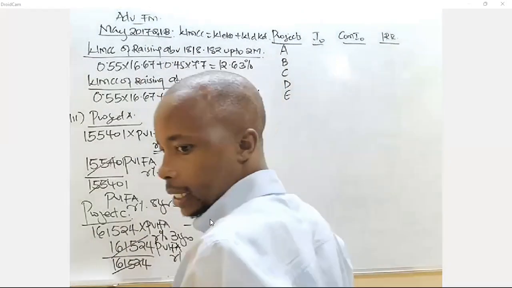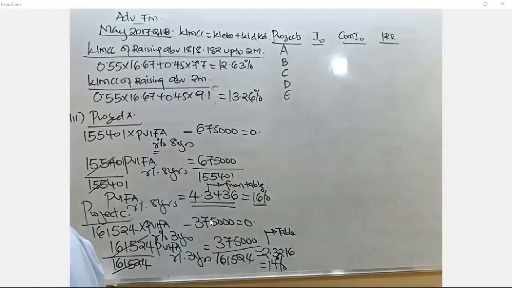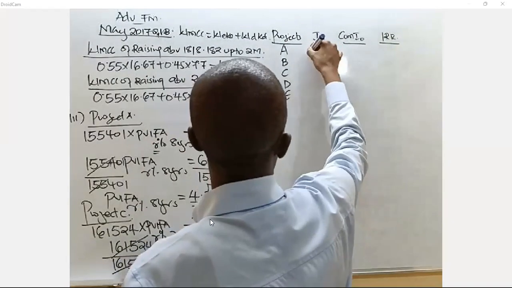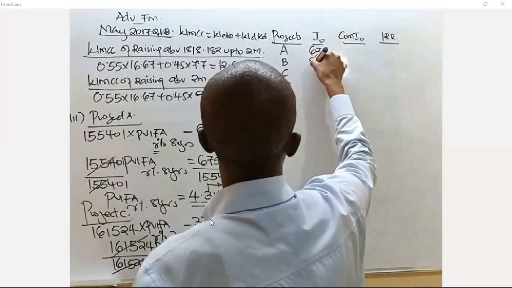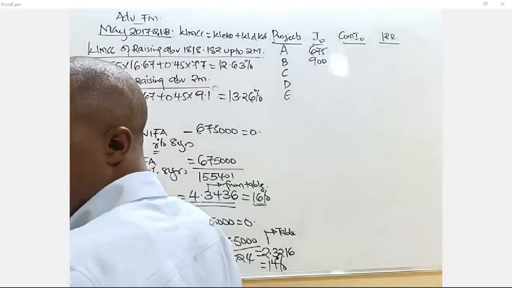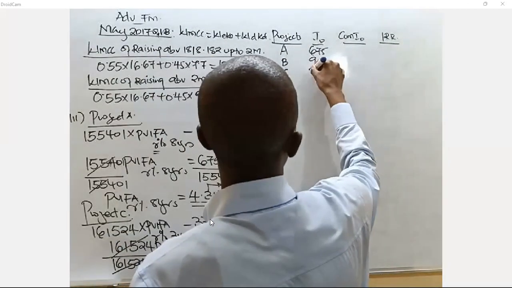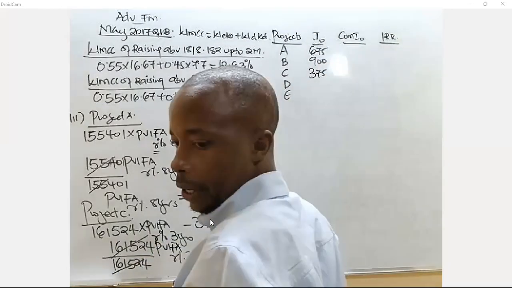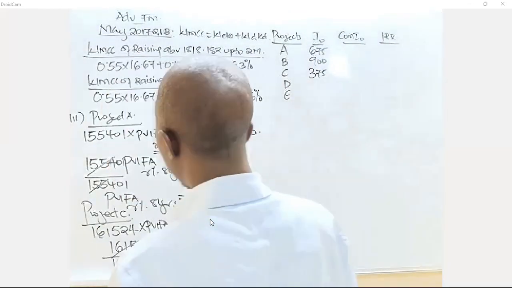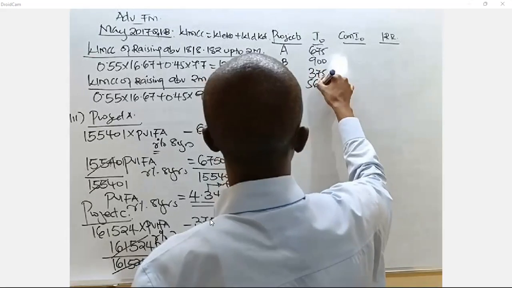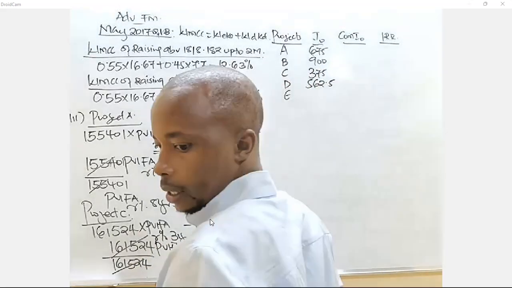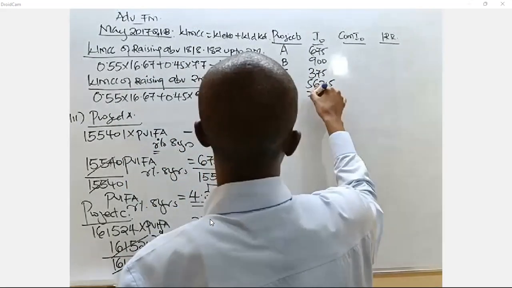So the initial costs of these projects: the first one is 675. The second, B, we have 900. The other one, C, is 375. D, we have 562.5. Then E, we have 750.